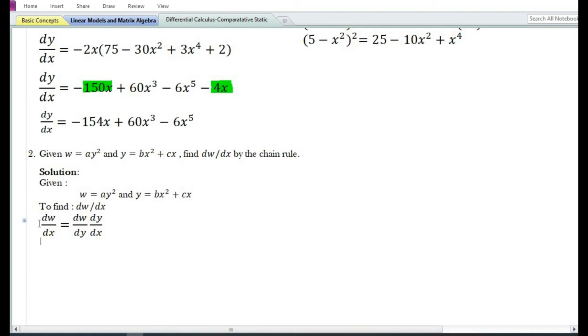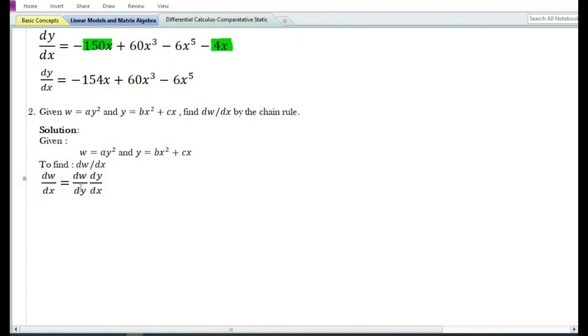Now, according to the chain rule, the derivative of w with respect to x is equal to the derivative of w with respect to y times the derivative of y with respect to x. Let us first find the derivative of w with respect to y. The derivative of w with respect to y is equal to d dy of w, which is equal to d dy of ay square.